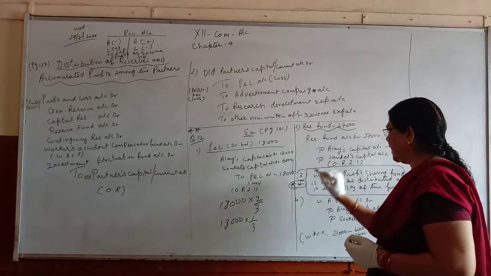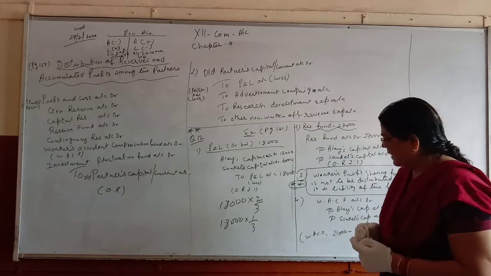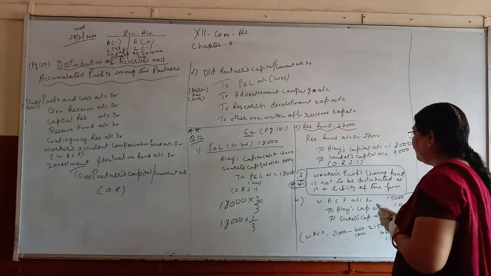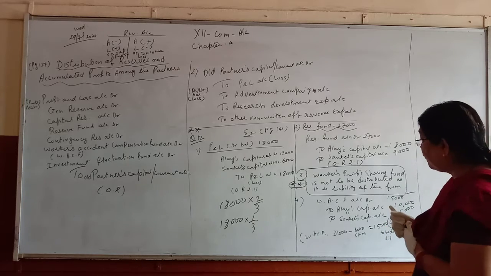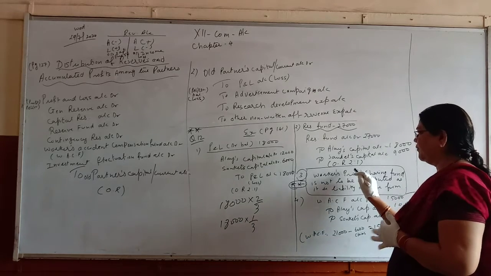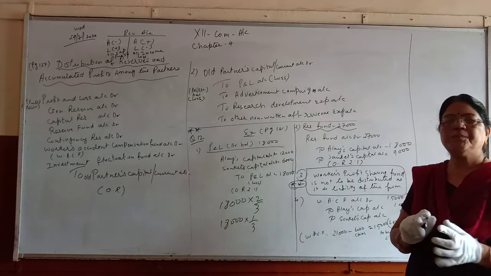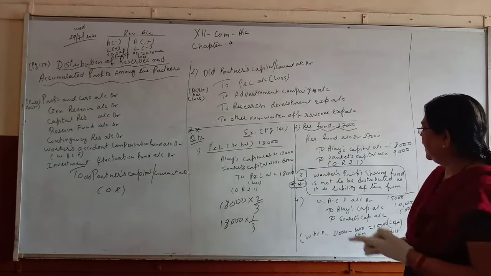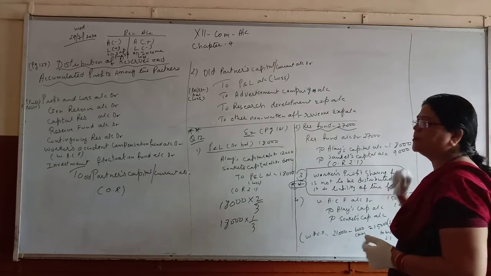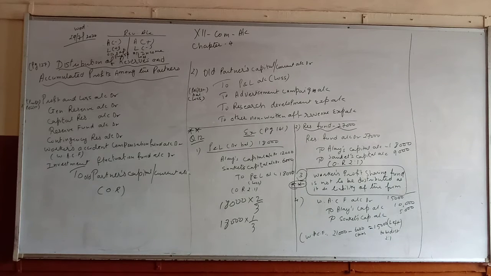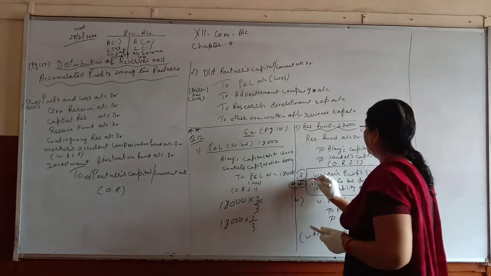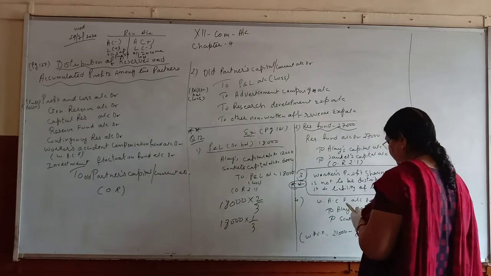I have put 2 star and in the box, workers profit sharing fund. Workers profit sharing fund is not to be distributed.